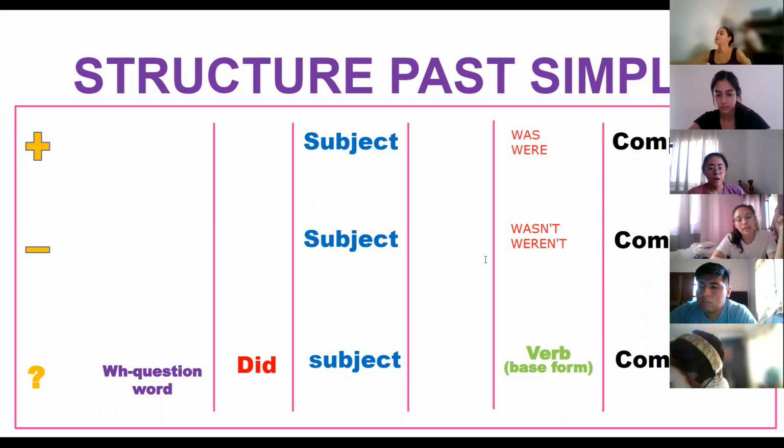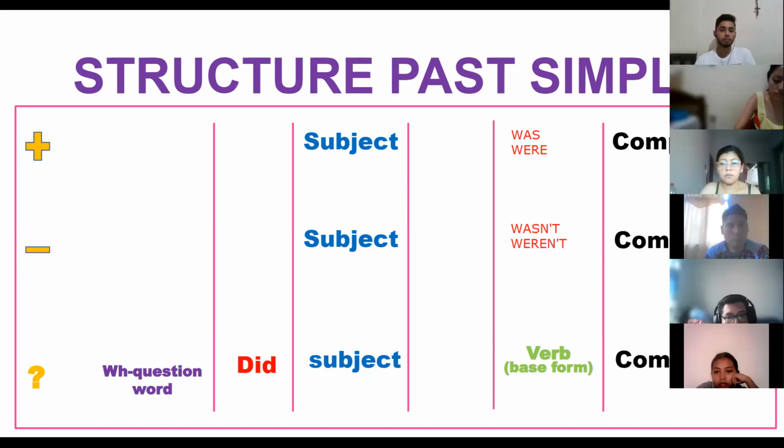Right? And what about in the questions? What do we need to change? ¿Qué cambiamos? Para las preguntas con verbo to be, en el pasado. Anybody? ¿Qué cambiaríamos? ¿Cómo formamos una pregunta?